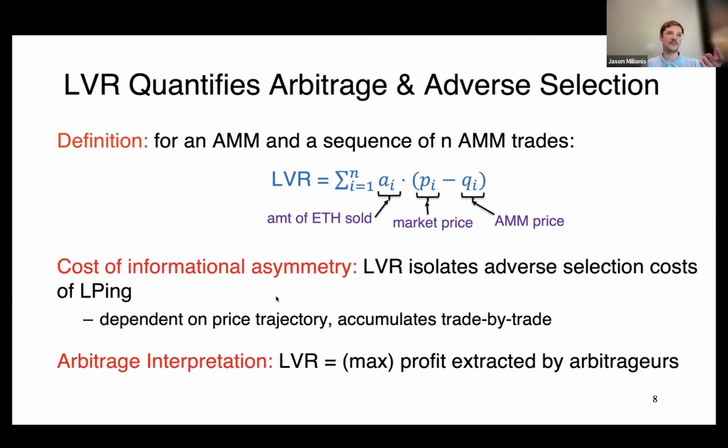So it's a positive quantity that is obtained throughout the trades, and it can only grow through time. And a proposition is that this quantity also captures the profit that is extracted by arbitrageurs besides these adverse selection costs, and in particular the maximum profit that is going to be captured by arbitrageurs. So now we understand how much these arbitrageurs make.